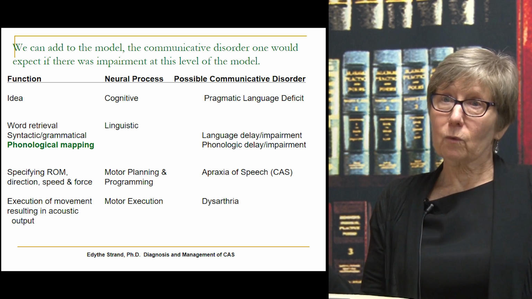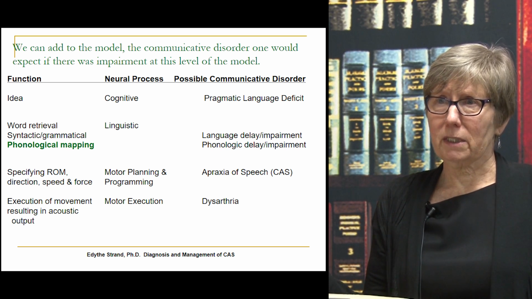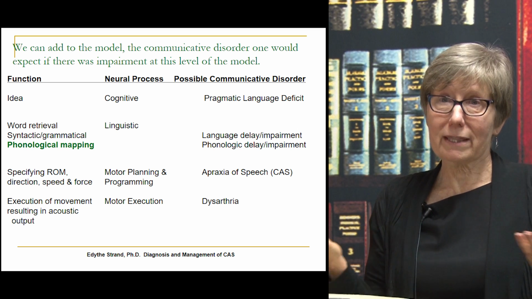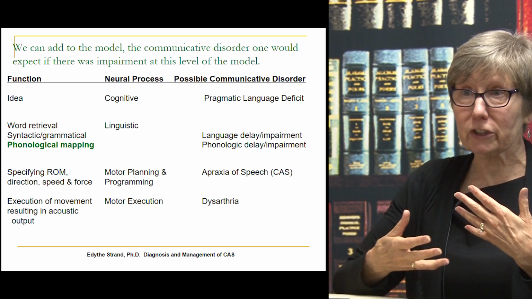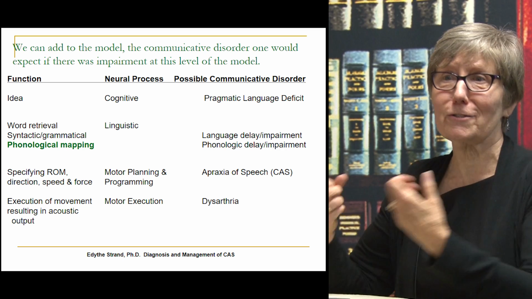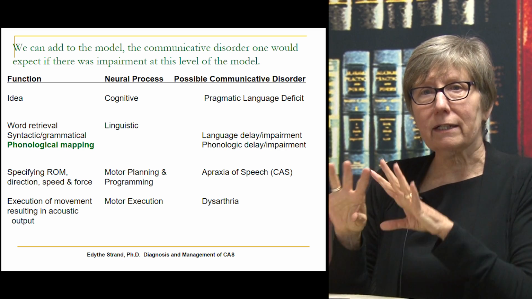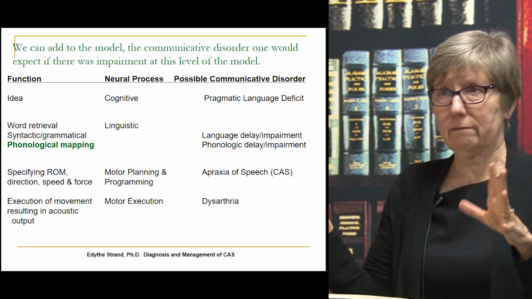In that case, we're not worried yet about childhood apraxia of speech or even a speech sound disorder. At that point, we're worried about establishing communicative intent, joint attention. So we won't be talking about that level of processing deficit today.